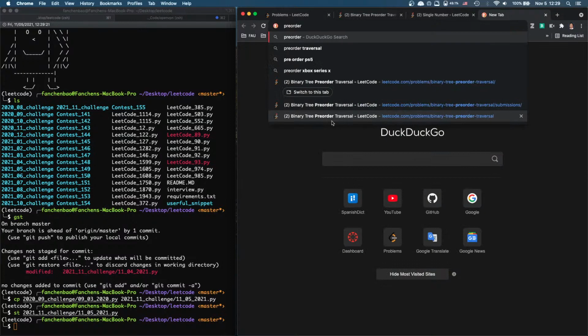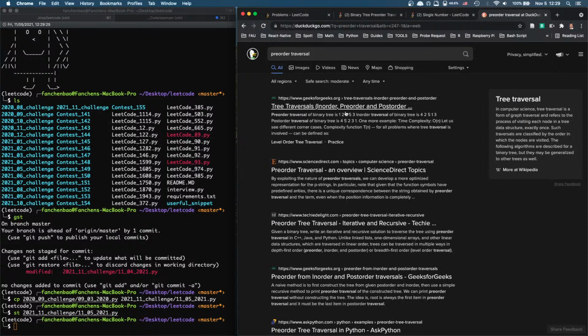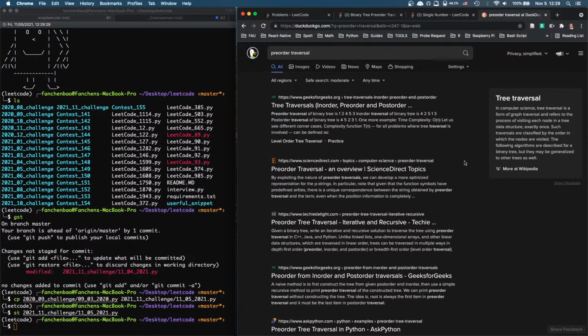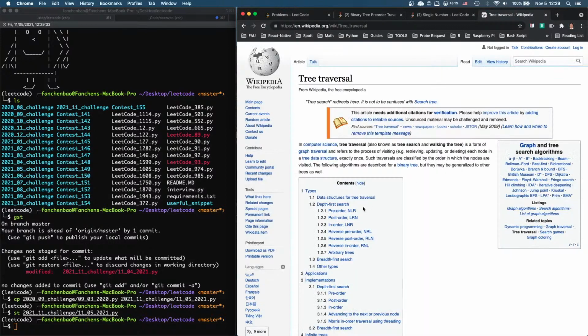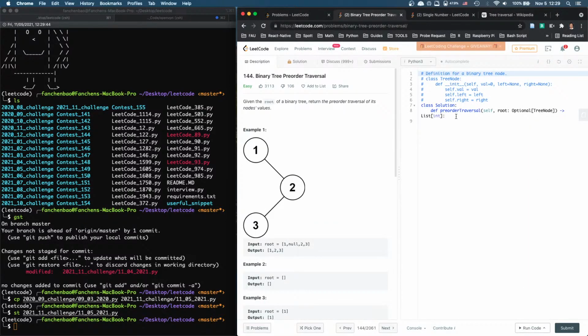I never really liked the name. In order, pre-order. What the hell is that, right? Just tell us which side it goes first. All right, pre-order is NLR. I think it is. It's root, left, right. Yeah, I don't even want to open it. I think at this point you just go.